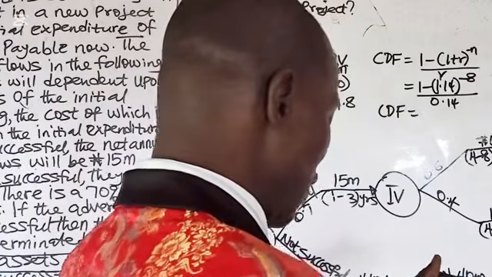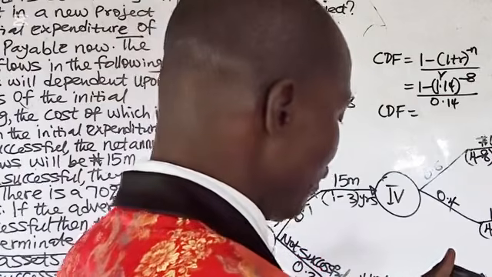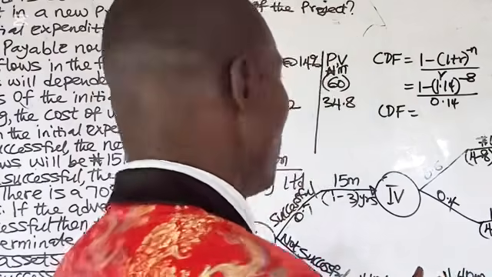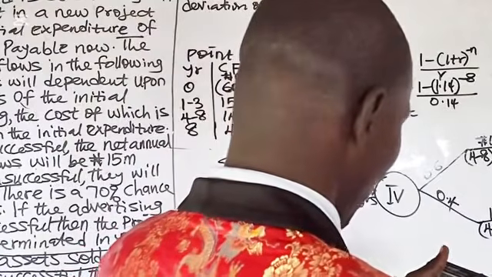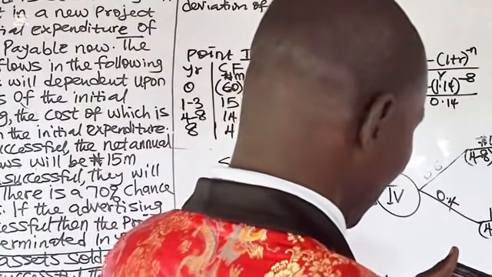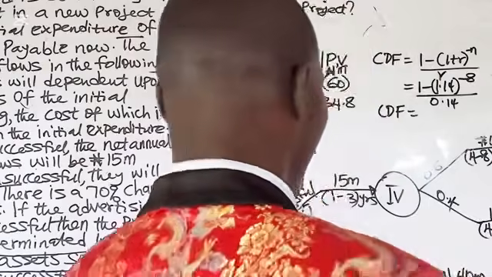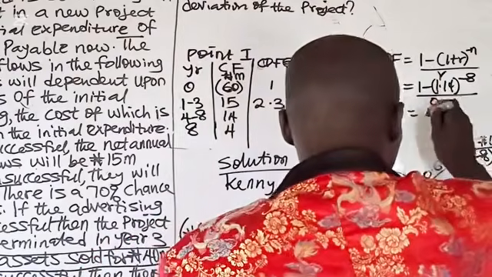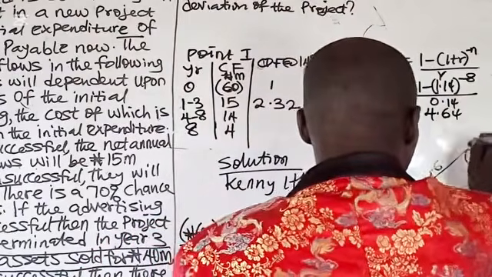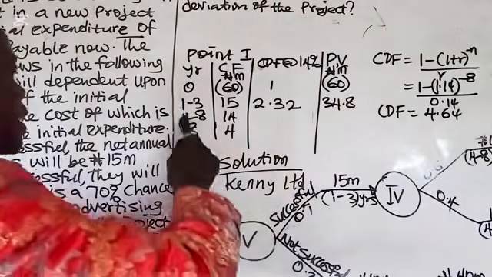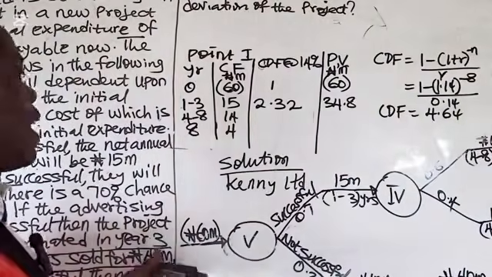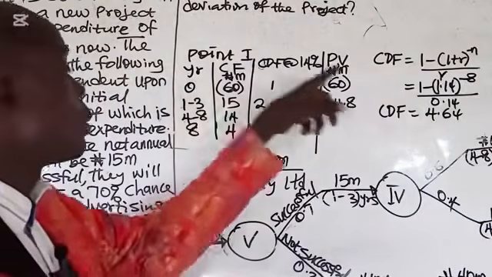Subtracting from 1, you have 0.6494. Dividing by 0.14 gives us 4.64 to 2 decimal places. This 4.64 is the cumulative discount factor for year 1 to 8.